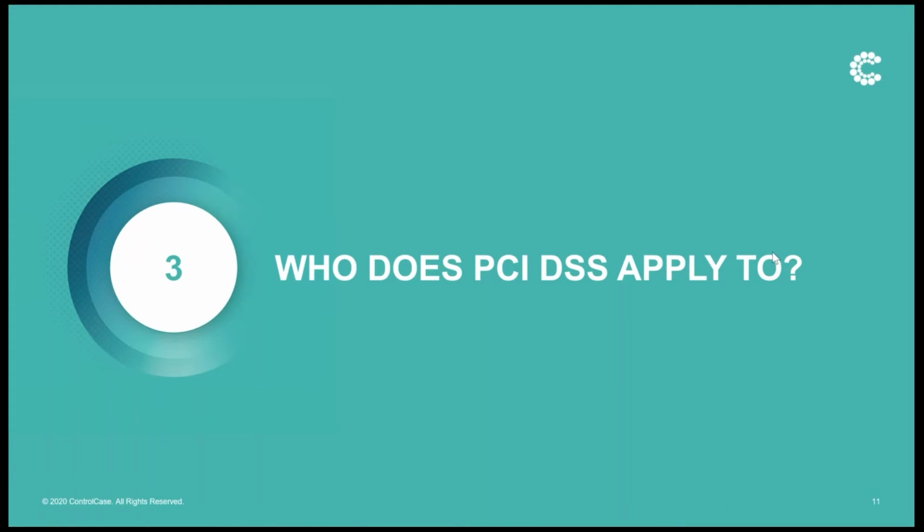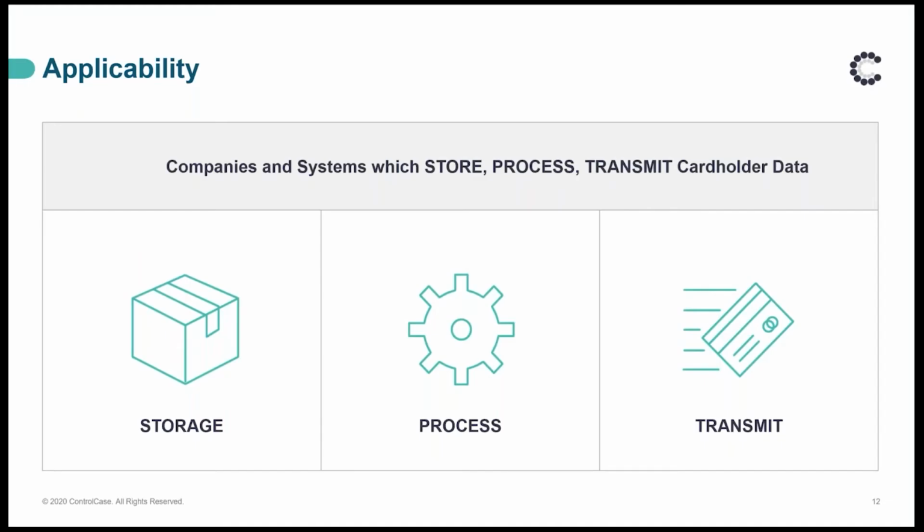So that's a very high level on what PCI DSS is. To reiterate, it is a standard that is focused on ensuring that payment card data is adequately protected throughout the ecosystem. Now, who does it apply to?